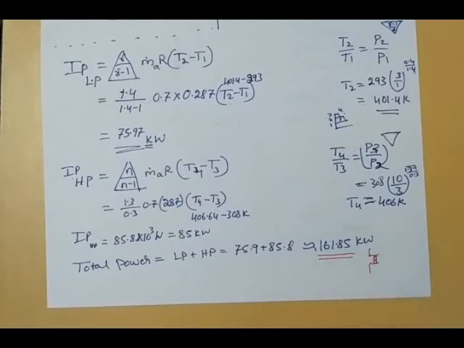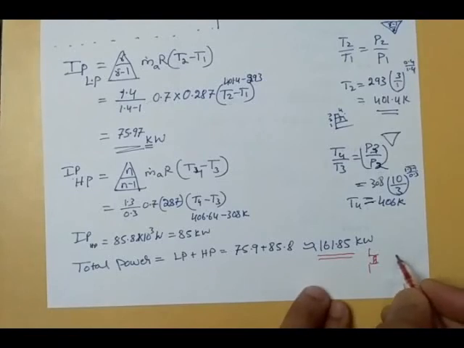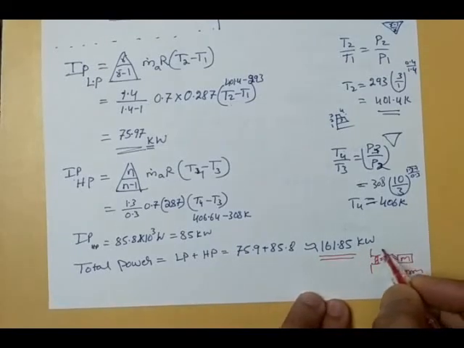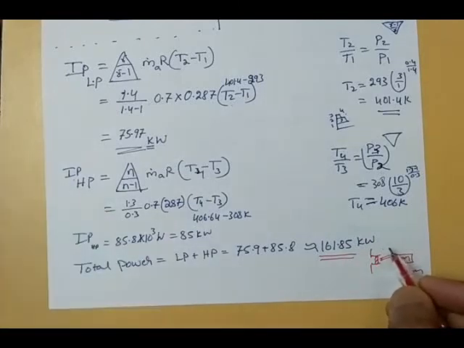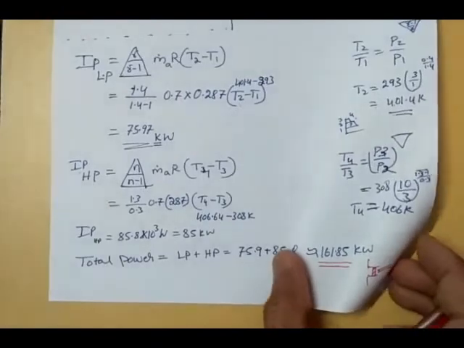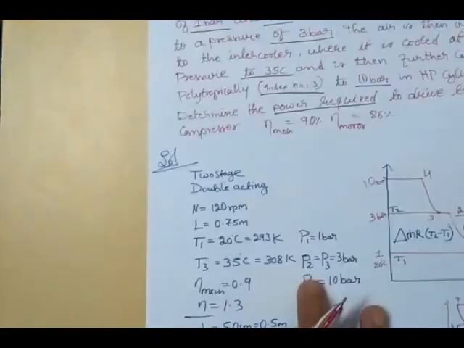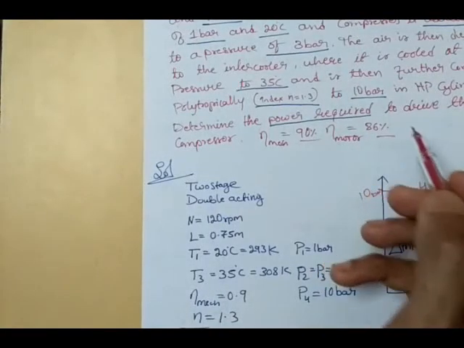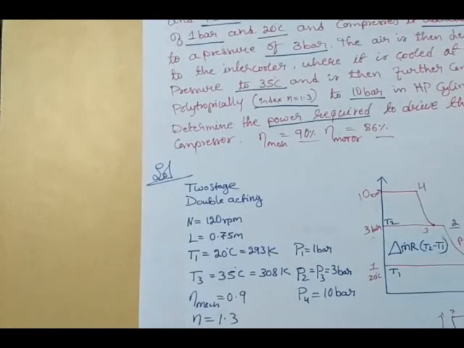So efficiency means the motor connected will have losses, and also this compressor will have losses. So in order to have account of these losses, they have given efficiency. Those efficiency values are 90%, and another one is 86%.